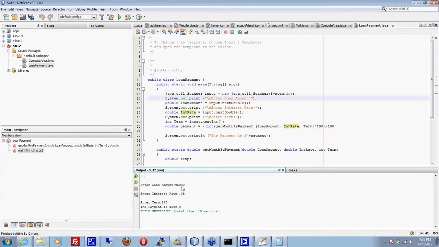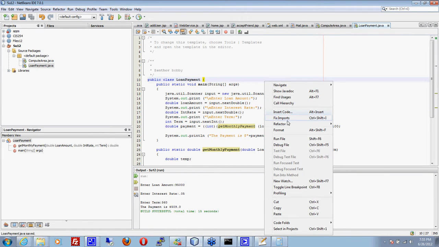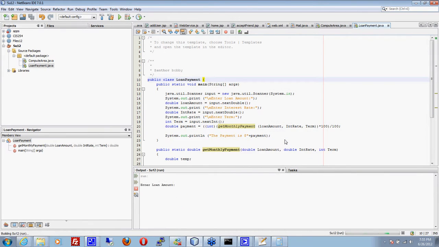No, that didn't work. Did it? Okay, what went wrong? We may have to do the multiplication first before the typecasting. Let's see. It's an order of operation thing. I think I had to do the multiplication first, so let's try this. Oh, still not working. What's going on here?